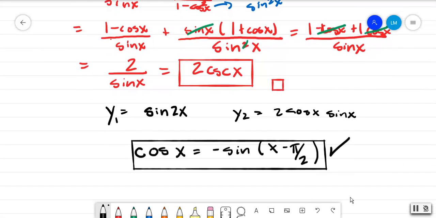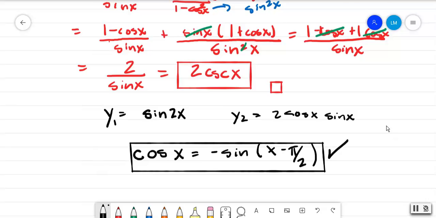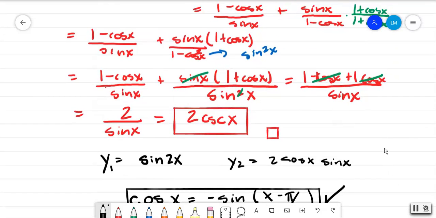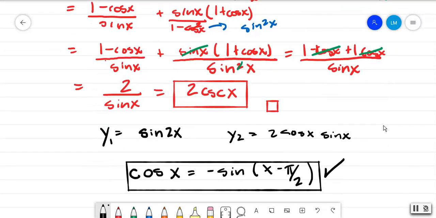Okay, so be sure that you review the formulas that you are given, so that you can essentially take any statement and verify whether it's true or not, or that you're just establishing it.